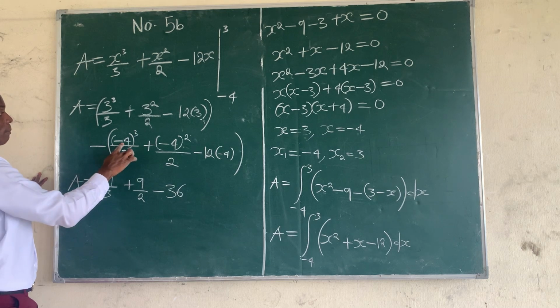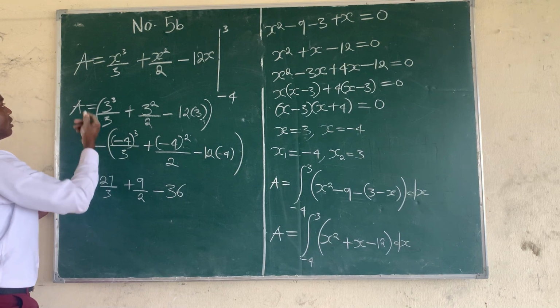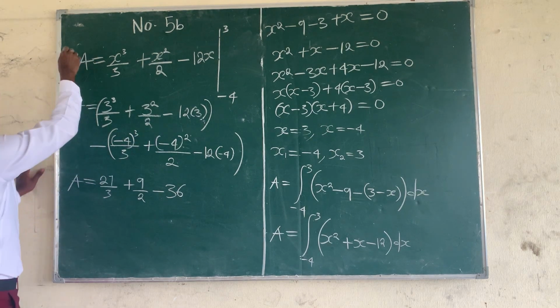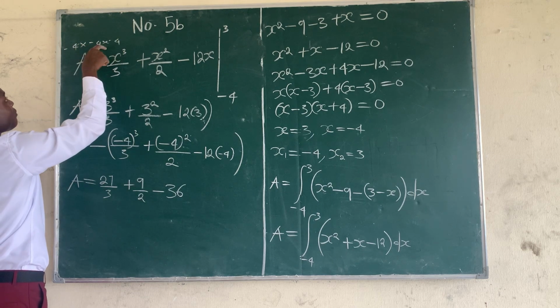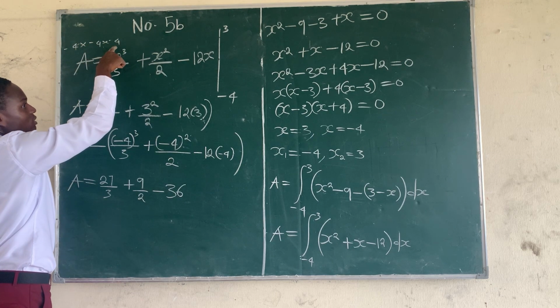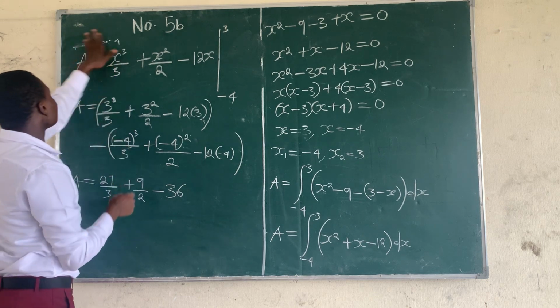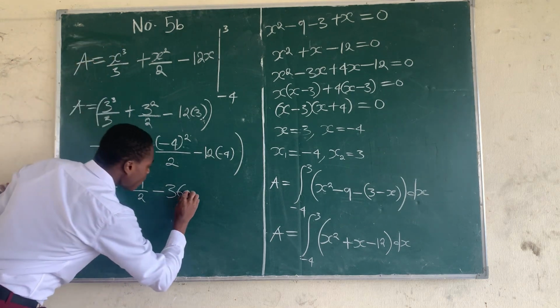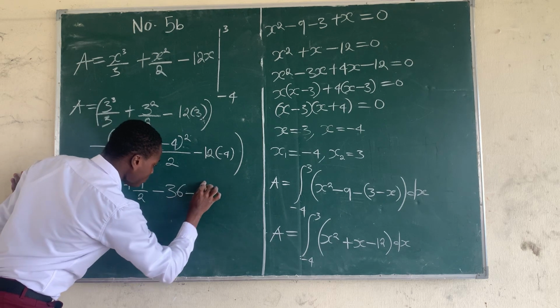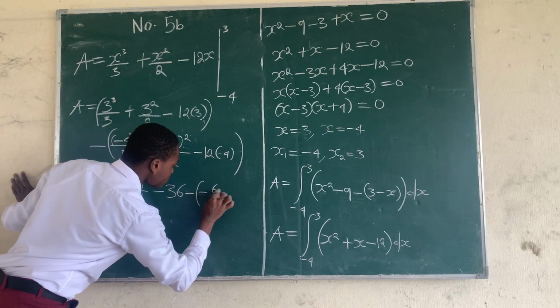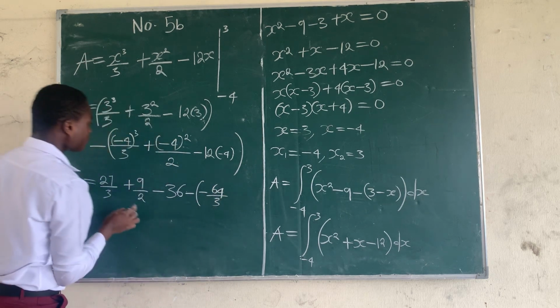Then over to this side, minus 4 to the power of 3, is minus 4 times minus 4 times minus 4, to give us 16, and 16 times 4 gives us 64. So we have minus 64 over 3 to this side.